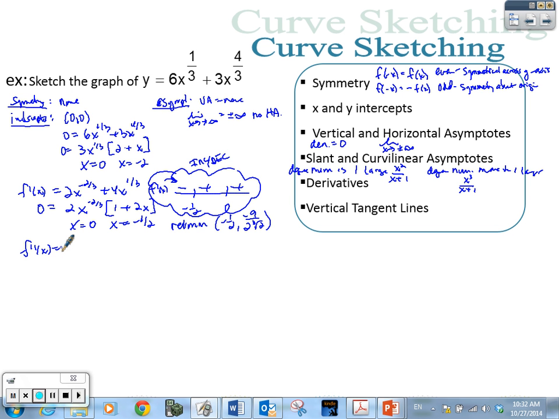So our second derivative is negative 4/3 x to the negative 5/3, and then plus 4/3 x to the negative 2/3. In order to find where it's zero, we would set that equal to 0, and I would factor. So I factored a positive 4/3 out.